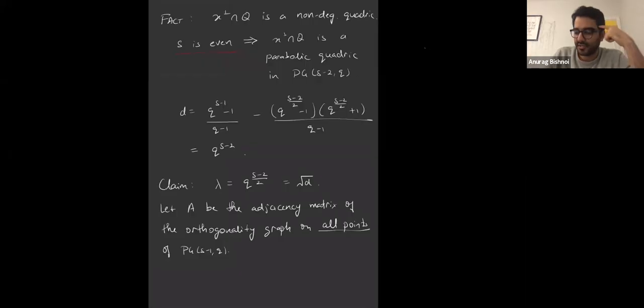Because every singular point is orthogonal to itself. So this graph will have loops. So in this adjacency matrix, we will have 1, 1, 1, and then dot, dot, dot, 1, and then 0, 0. We will have these many entries where the diagonal is all 1. Is that clear?